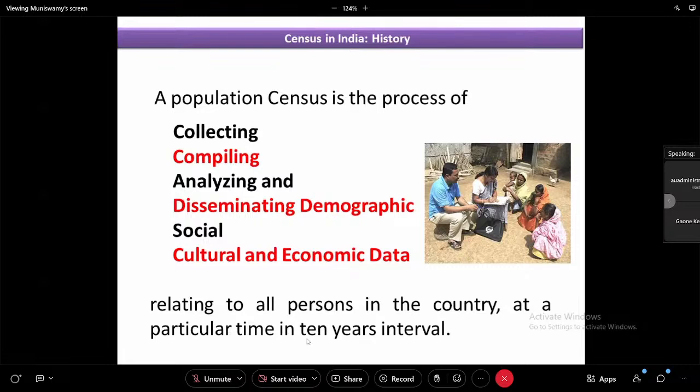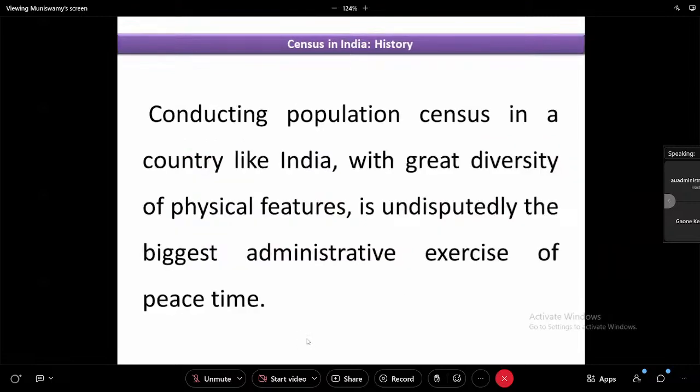More than 140 crore population is there in our country, and gathering each and every individual is not easy. It takes a lot of time and budget, and we have to appoint lakhs of investigators to gather the data in the survey. That is a census. So in our country, we conduct it once every 10 years.